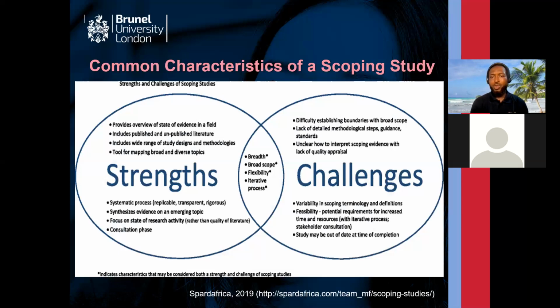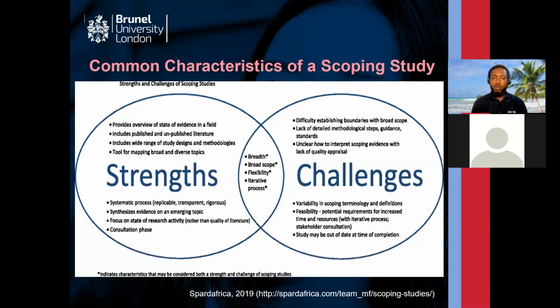It's unclear how to interpret scoping evidence with a lack of quality appraisal, like you will find in a systematic review. Then the scoping terminologies and definitions also vary. Different authors could come up with their own definitions, trying to suit the purpose of using this scoping review.